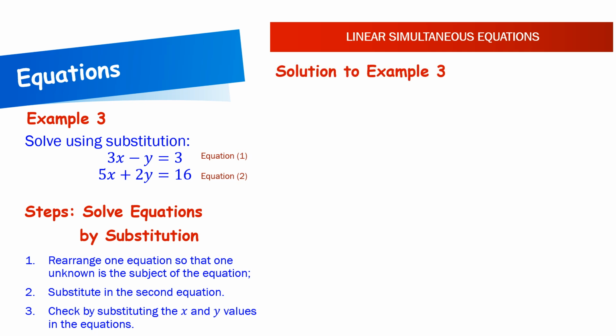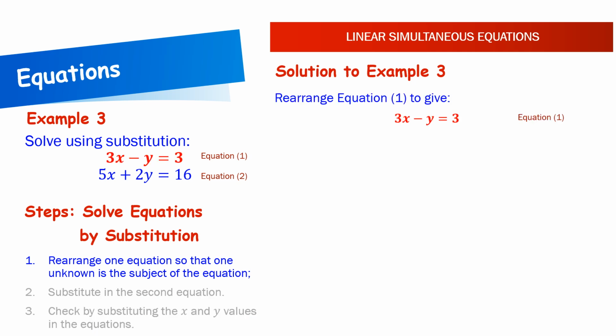So let's solve this example. We are going to make y the subject of the equation. So let's rearrange. First, we're going to make y positive, so we add y to both sides. Next, we subtract 3 so that y is isolated on one side.